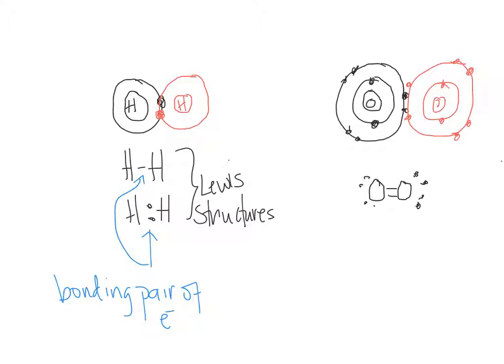Okay, so this oxygen now is surrounded by 2, 4, 6, 8 electrons. This oxygen, 2, 4, 6, 8 electrons. So by sharing, it fills its octet necessity, okay? So it's got its 8s, but it didn't take any.